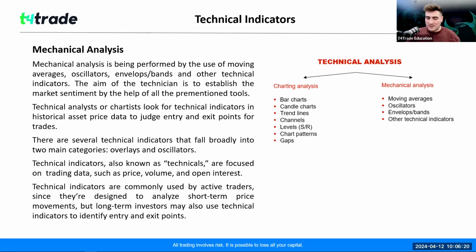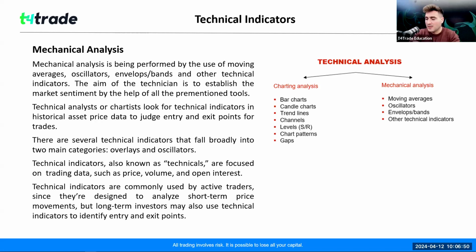So let's remember that there are different branches of technical analysis, at least different techniques and tools that you use to conduct technical analysis. More specifically today, we're going to go down the road of mechanical analysis. So in the past, we went over charting analysis, which is decoding the information individual candles are conveying to us.